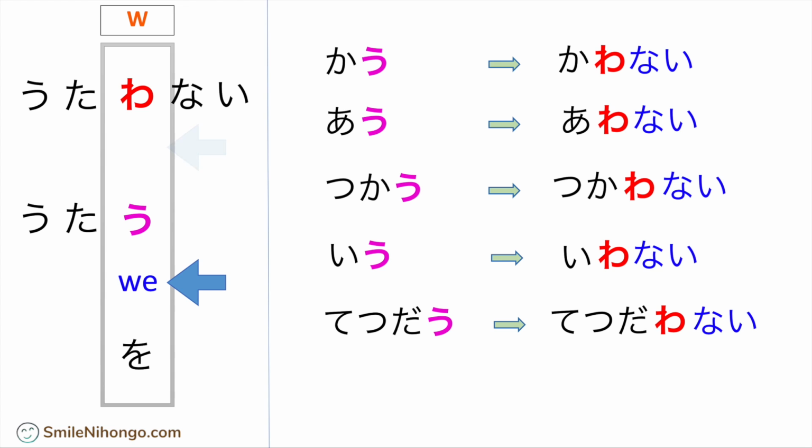Hiragana we looks like this, and hiragana we looks like this. But those pronunciations disappeared from modern Japanese, and therefore, the hiragana we and we are deleted from hiragana chart. We still have this letter, but we no longer pronounce this as wo. Now we simply say o for this letter.